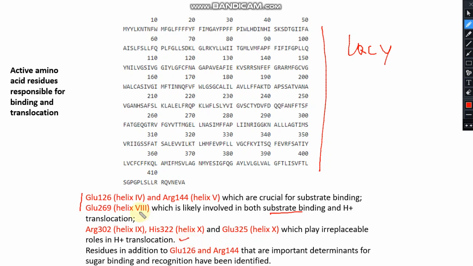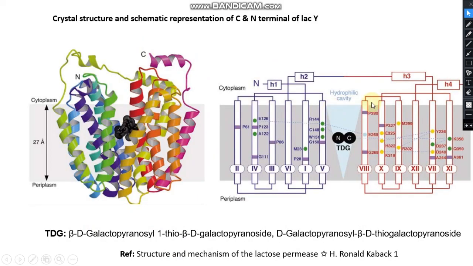The helices here represent in which part these amino acid residues are located. In my next slides I'm going to show you the crystal structure of these proteins.